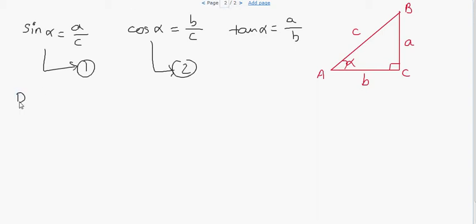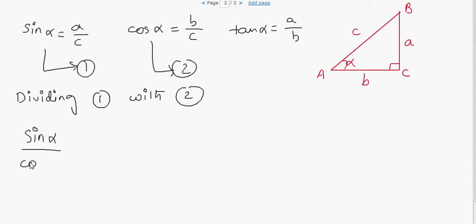Now dividing 1 with 2 gives us sine alpha divided by cos alpha, which is a divided by c and divided by b divided by c, which is equal to a divided by c multiplied by c divided by b.